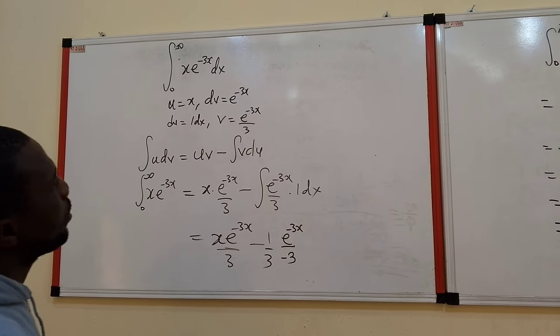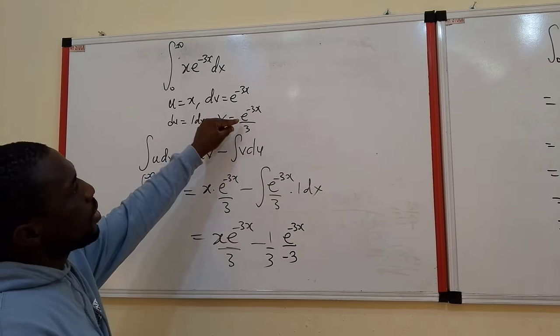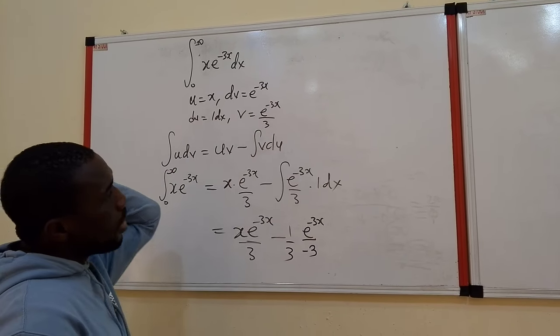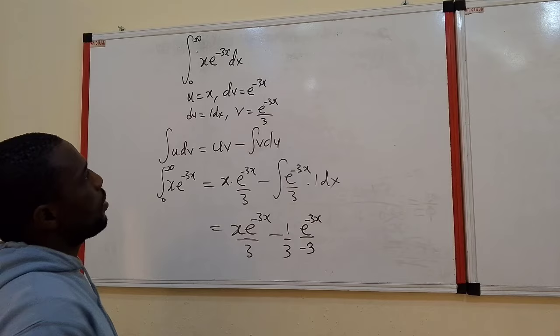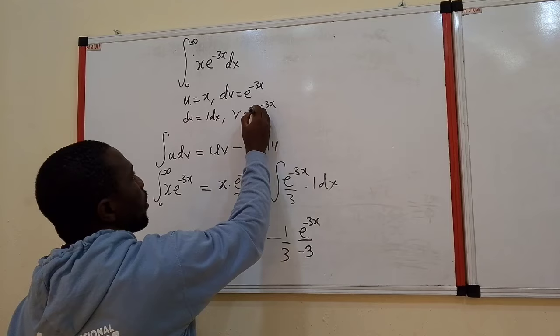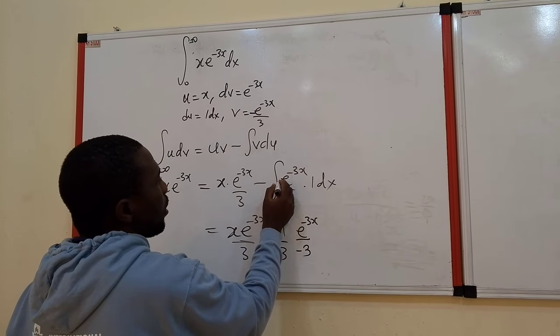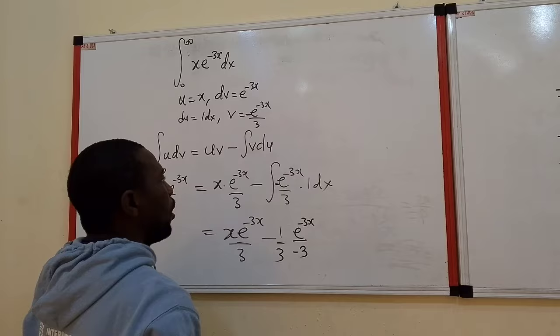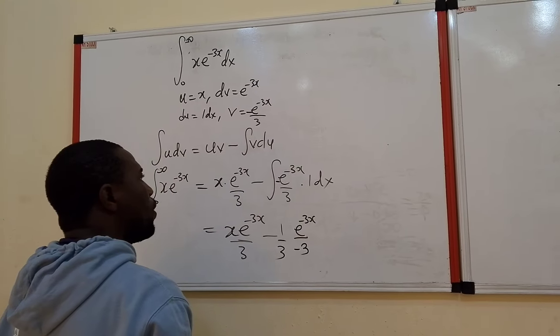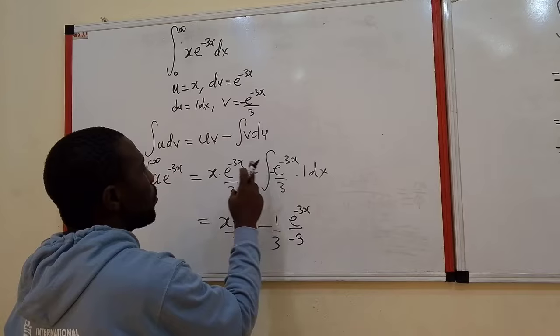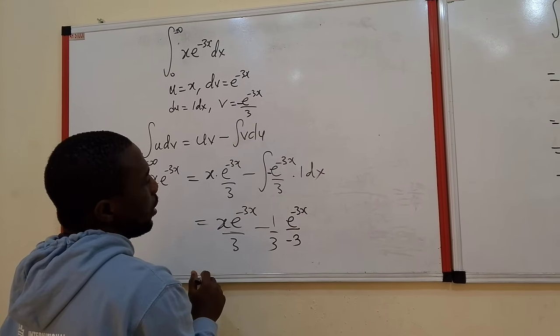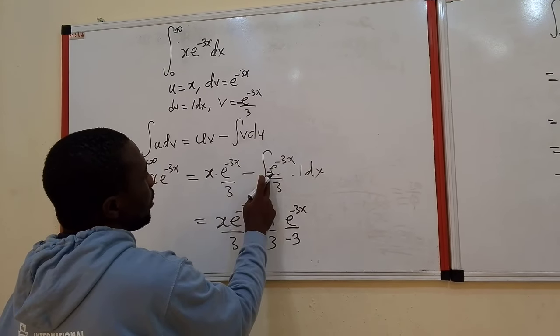Remember, if you integrate this exponential minus 3x, a minus sign is supposed to be here. I made a mistake. So here is carrying a minus sign. So if we integrate, then this minus sign will change this minus sign to plus.